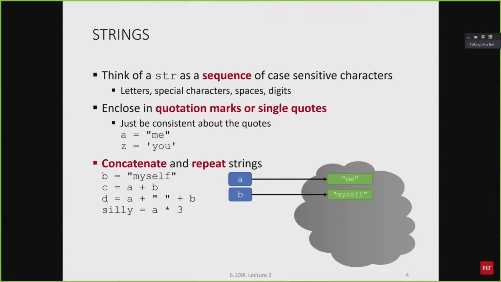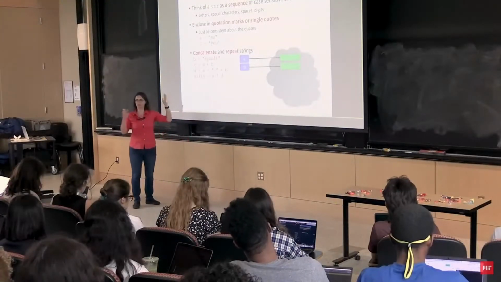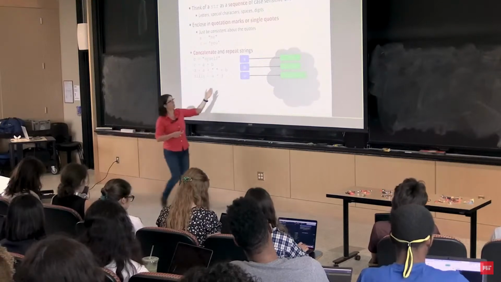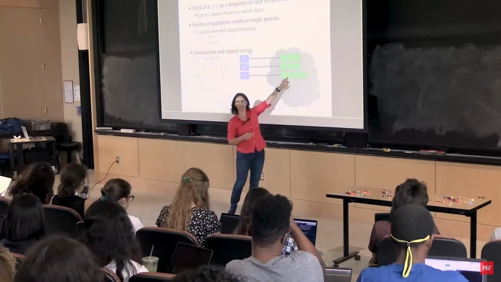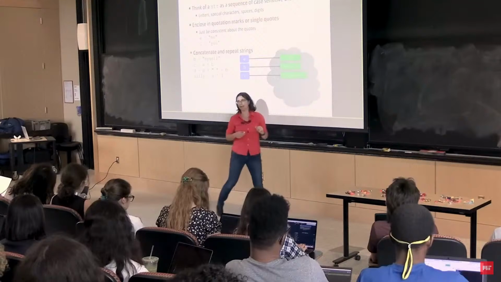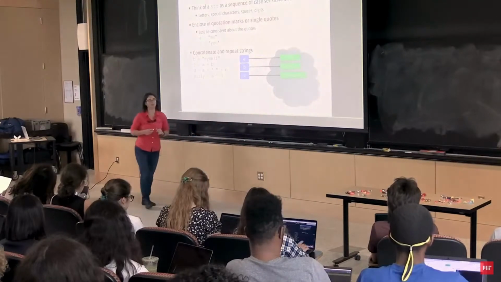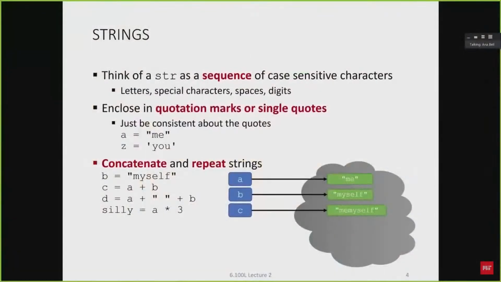The plus operator tells Python that I'm going to take these two strings, the individual characters in each string, and just put them together to make one new object that is all of these letters put together. So C is equal to A plus B is another assignment operator. And on the right-hand side, we have an expression, plus operator between two objects. It's going to put ME, the A letters, and the MYSELF, the B letters, all together to create a new object, which I then give a handle or a binding C.